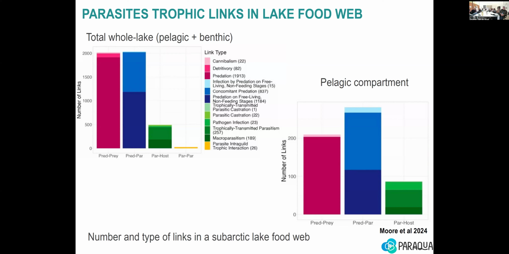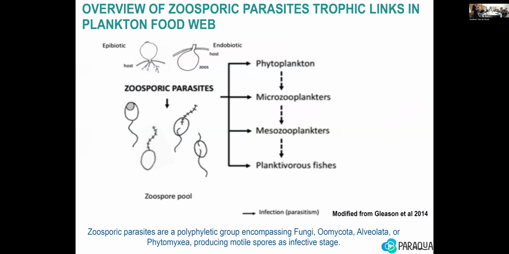But moving to the pelagic compartment, the number of links of predation on parasites gets quite important. I'm saying that because I also focus a lot on the pelagic compartment, so during this talk we will mainly look at microbial and pelagic links in aquatic environments.